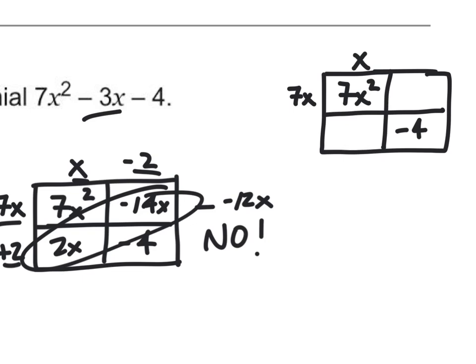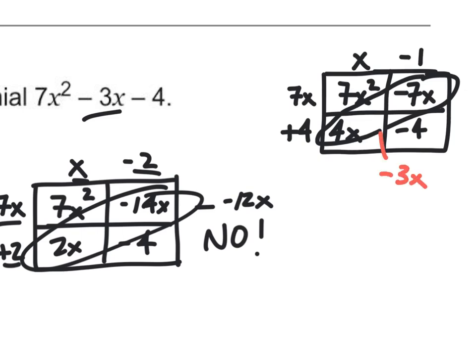And I'm going to put the 1 here, and I'm going to make this a negative 1, so that when I multiply these together, I get negative 7x. And then if I put a plus 4 here, then I get 4x. And if I take 4x plus negative 7x, that's going to give me negative 3x, which is the same thing I had here.